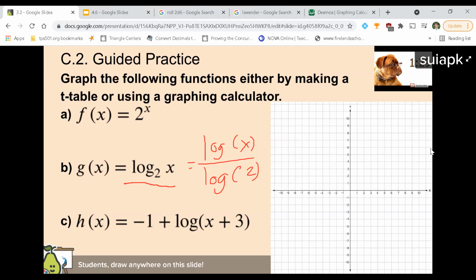Somebody just showed me. Oh, there it is. You do have it. That'll let you type it in with the little subscript.